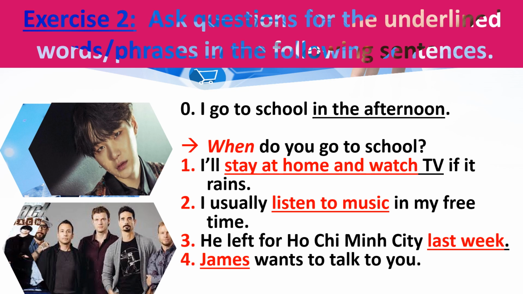I'll stay at home and watch TV if it rains. Number 2. I usually listen to music in my free time. Number 3. He left for Ho Chi Minh City last week. Number 4. James wants to talk to you. Okay, now make questions. WH questions. 5 minutes for you to do this exercise.